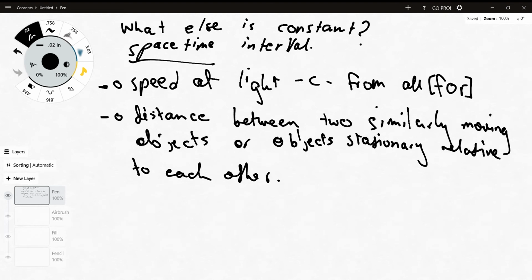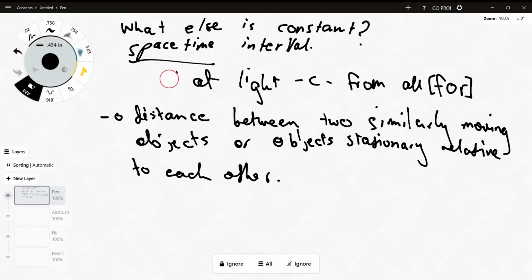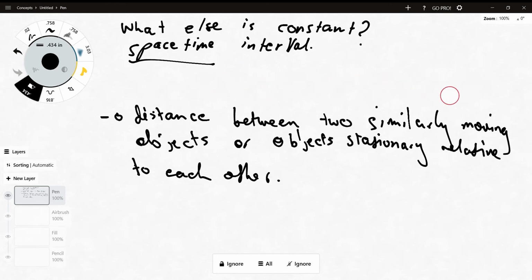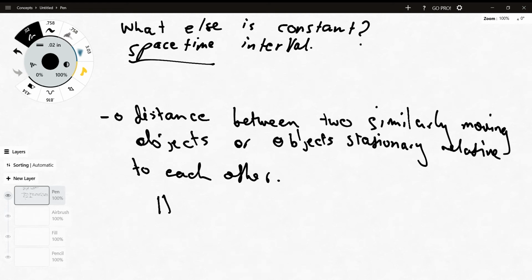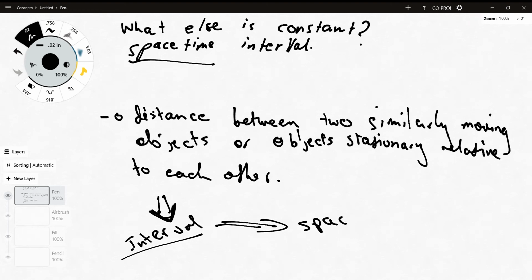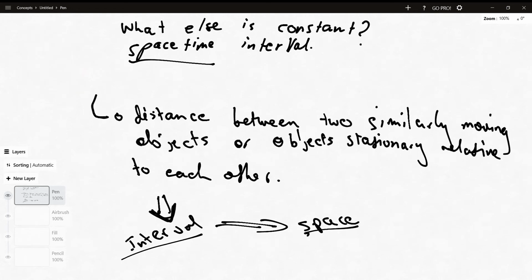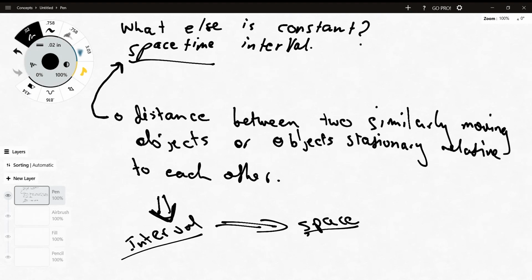But if we take this one in particular, not the speed of light, because this has been talked about a bit too much, and we give this bottom one a little bit more attention, we can call a distance or a gap in them an interval, right? And so it follows that there are spaces between objects in space-time. So this is an interval in space. But we're allowed to have intervals, or these set absolute gaps, in space-time.